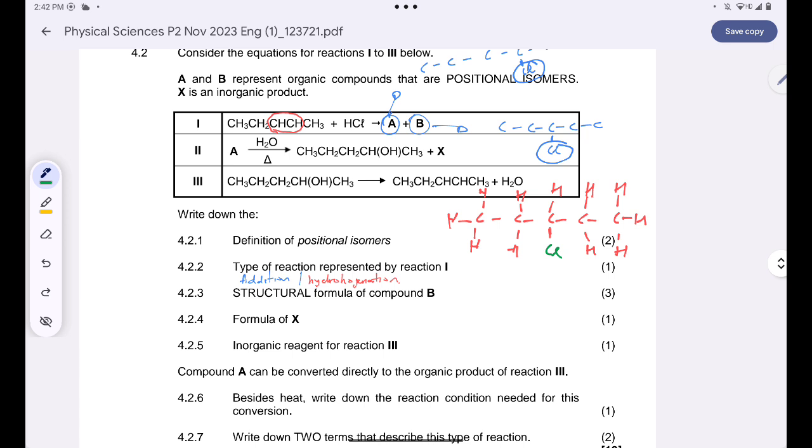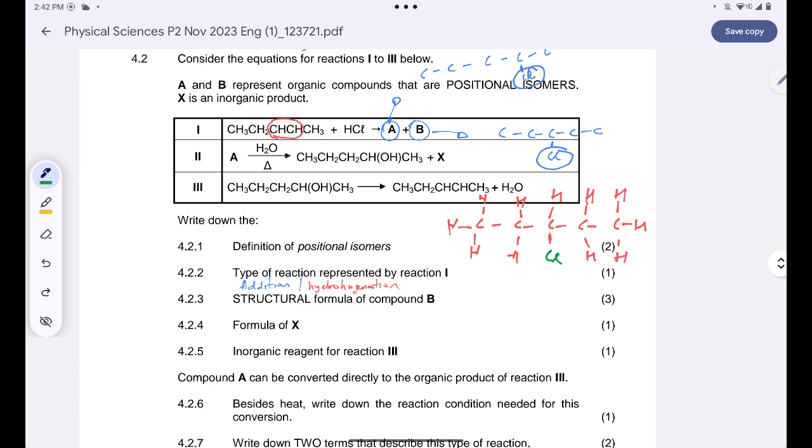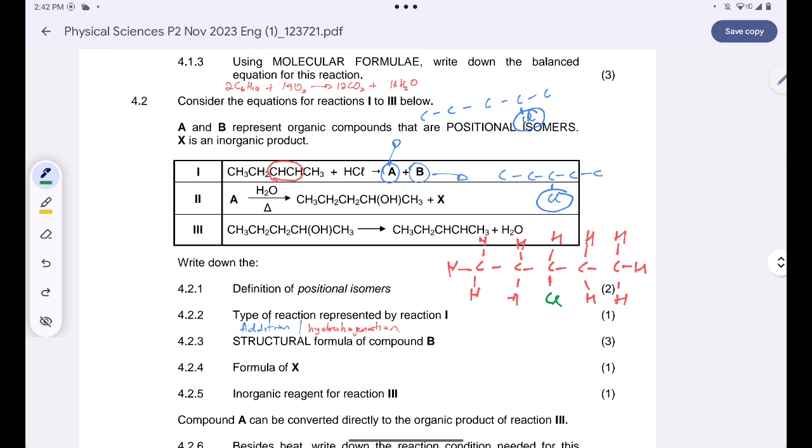And then 4.2.4, they want me to find the formula of X. What happens in reaction 2? They're taking compound A, and they are reacting it with water, and there's the presence of mild heat. Remember that compound A, guys, is our major product. So compound A is our 1, 2, 3, 4, 5, 2-chloropentane. All right, together is our 2-chloropentane.